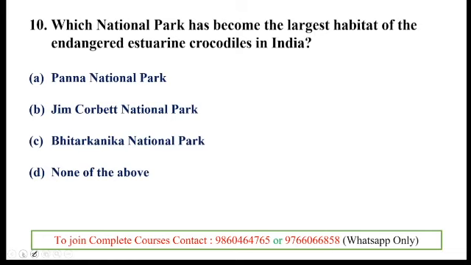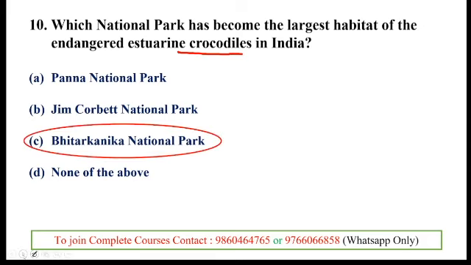Which national park has become the largest habitat of the endangered estuarine crocodiles in India? The largest habitat of these crocodiles is Bhitarkanika National Park, the second largest mangrove forest in India, and also one of the Ramsar sites, so a wetland also.